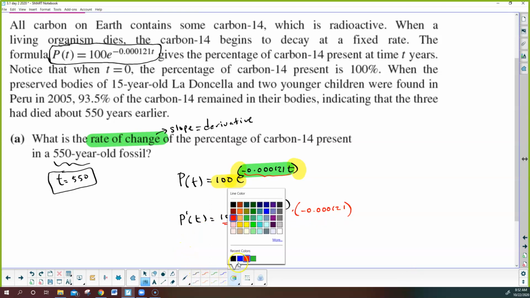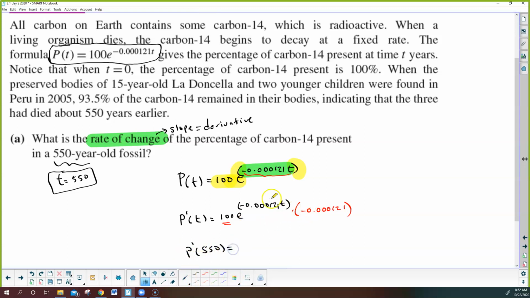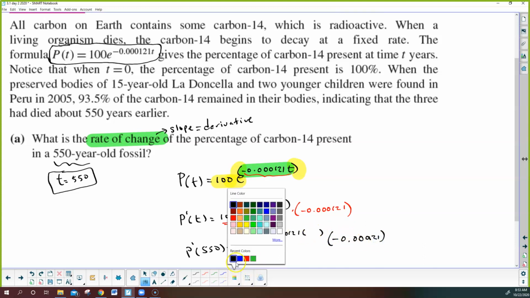Now all you're going to do is grab your calculator and you're going to plug in 550 years, right where there was a t, and there's only one spot we have a t. And the only thing you have to be careful with is actually plugging this into your calculator.